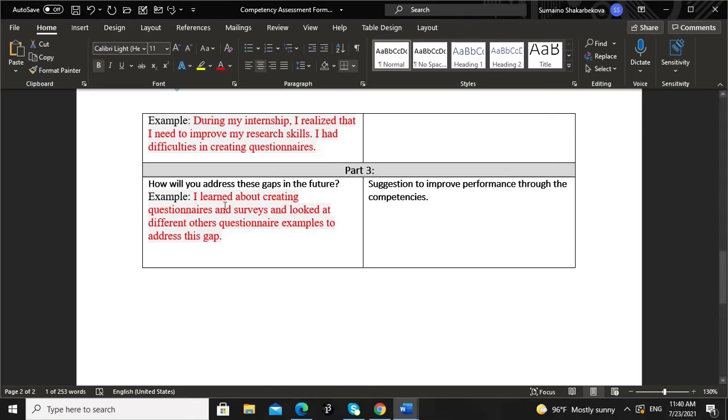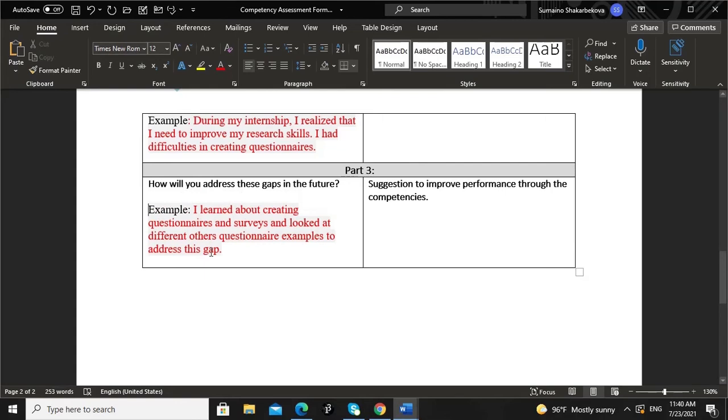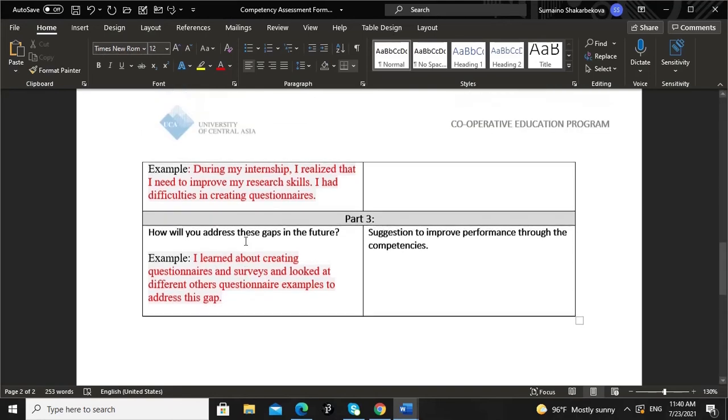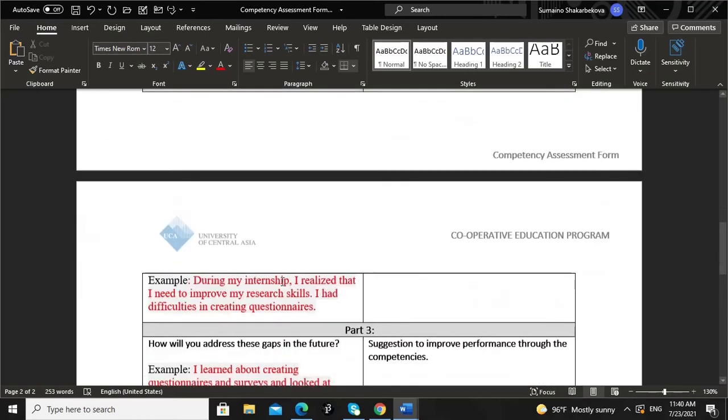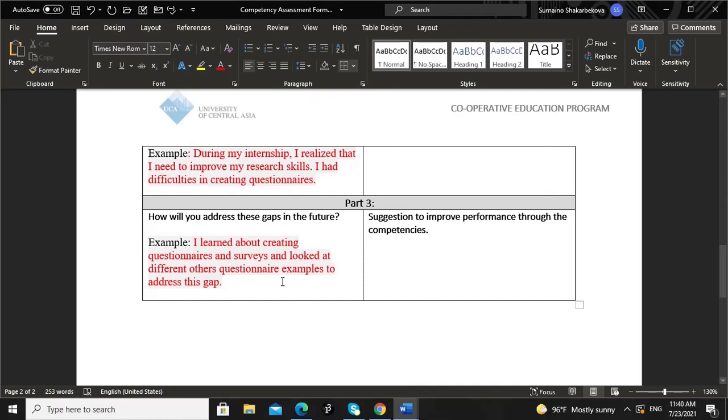In this part, students will write their recommendations, their advice, and their way of addressing the competency gaps that they listed in part two. So, solutions for improving those gaps in the future.